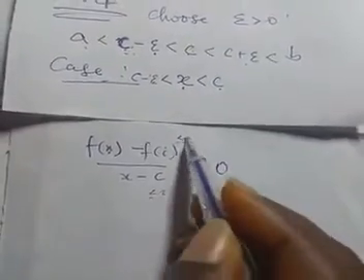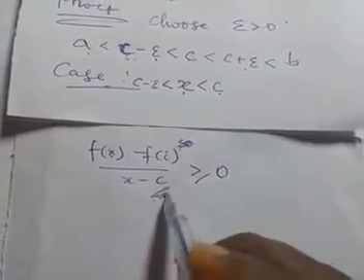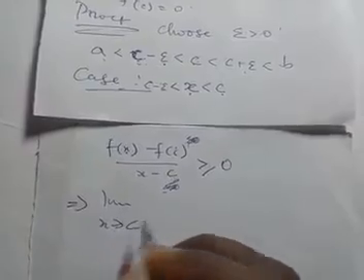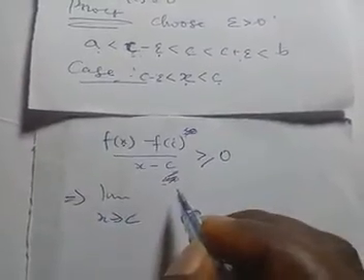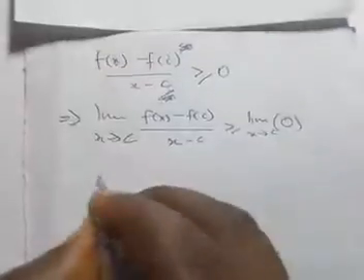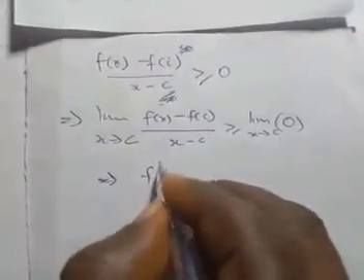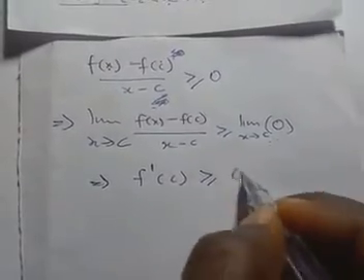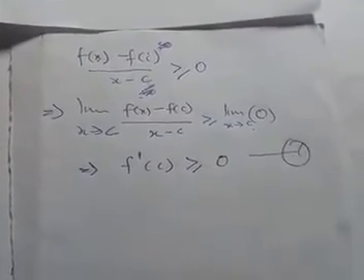Negative over negative is positive, so this will just be positive. So if you now take the limit of both sides, as s tends to c, we have this. If you look at this, it simply means f prime of c is greater than or equal to 0. Let's call it equation 1.